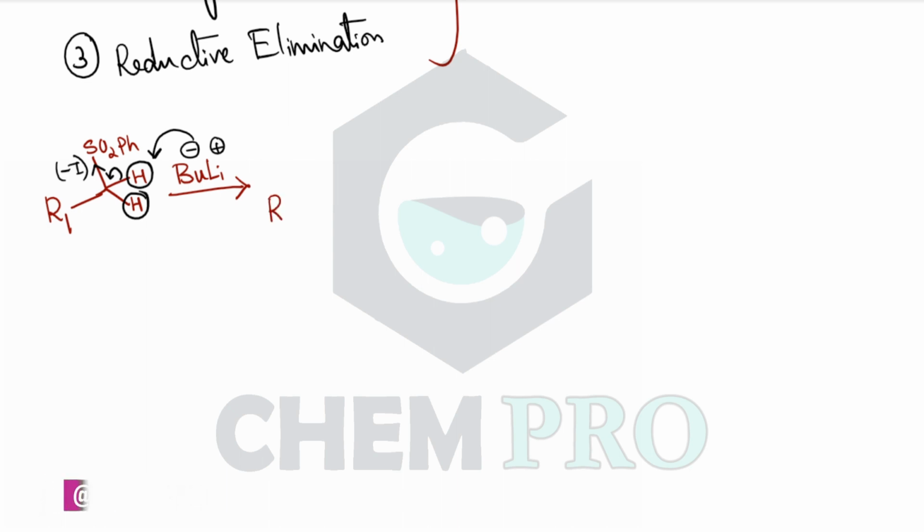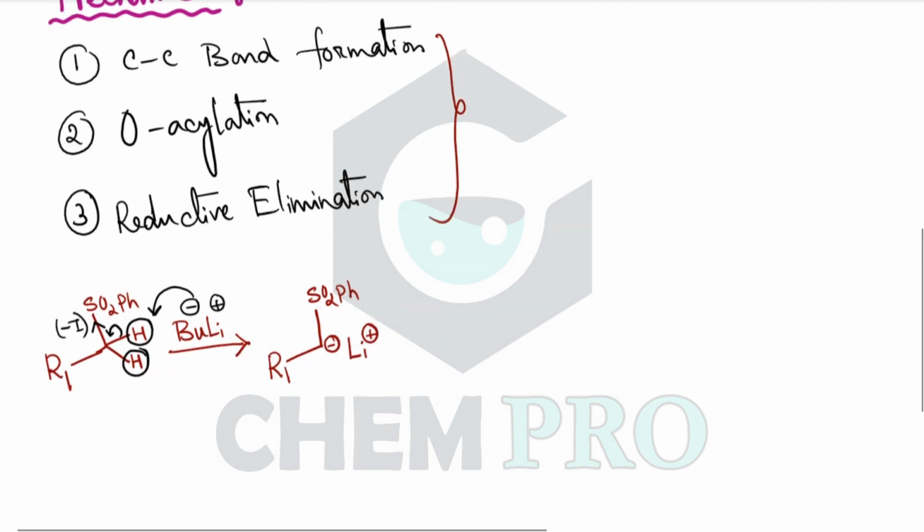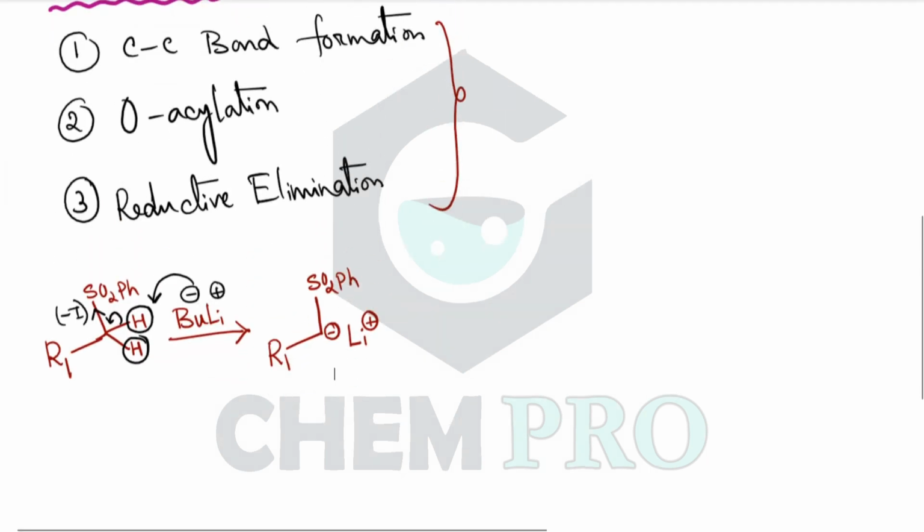So here we have SO2Ph, and here we get a negative charge along with Li positive. This is the first step.